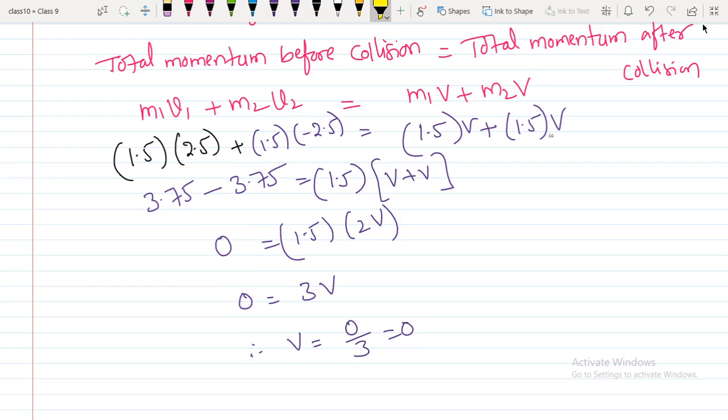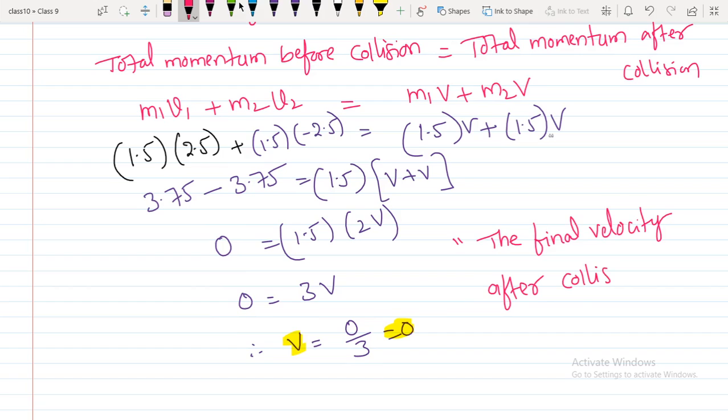So what this says is the final velocity after collision is 0. It means they don't move at all, they will just stay there.